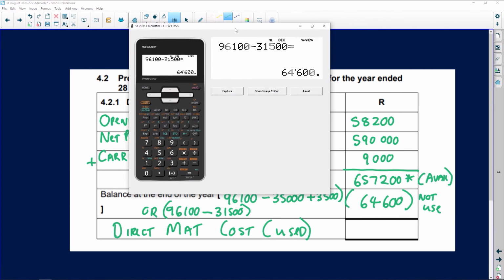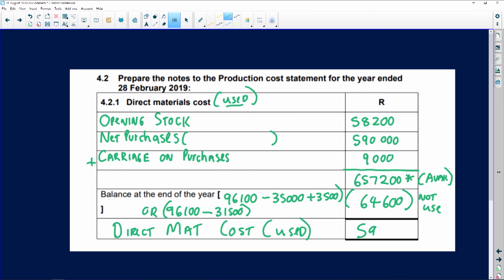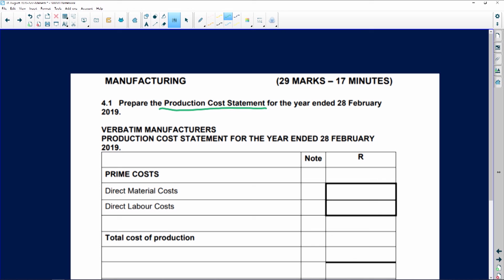So we've got 657,200 minus 64,600, and that gives us an amount of 592,600. So 592,600, and we can obviously now fill that into our production cost statement.